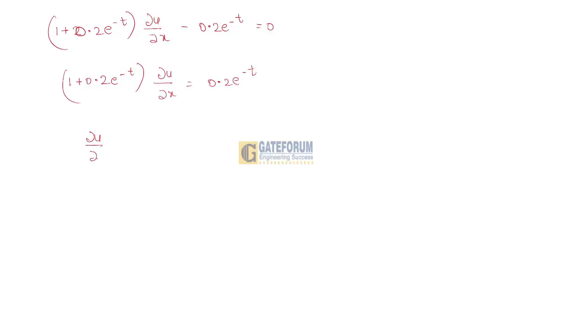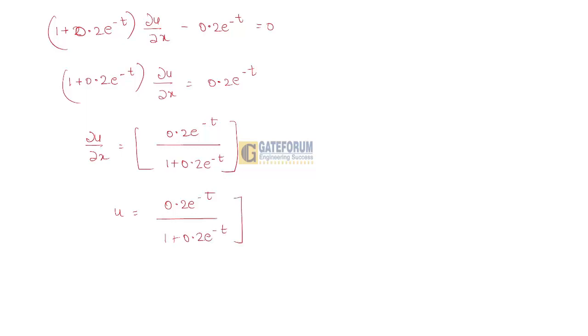Dou u by dou x will be equal to 0.2 e power minus t by 1 plus 0.2 e power minus t. When you integrate it, you get u is equal to 0.2 e power minus t by 1 plus 0.2 e power minus t into x plus c.